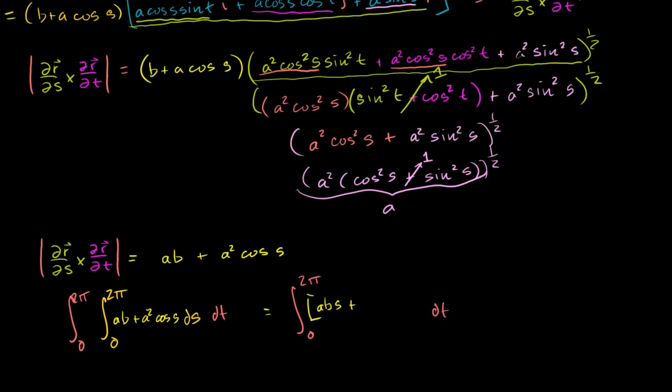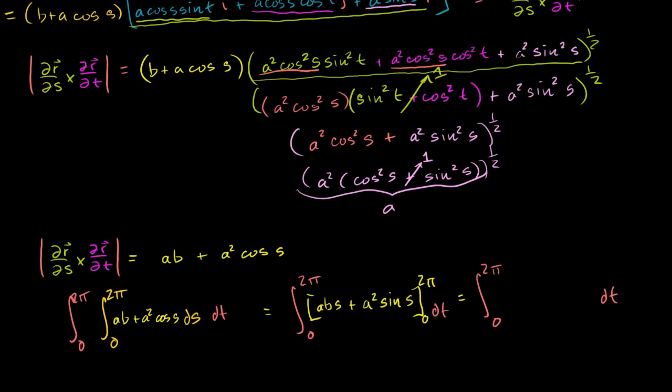It's sine of s. So plus a squared sine of s. And we're going to evaluate it from 0 to 2 pi, and then the 0 to 2 pi dt.